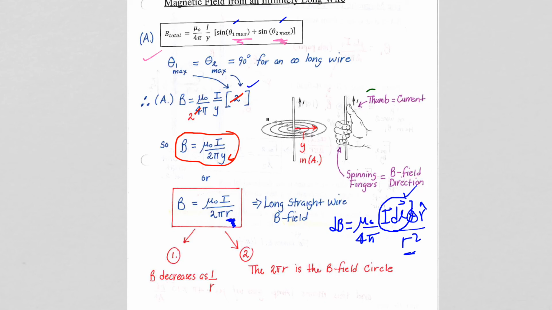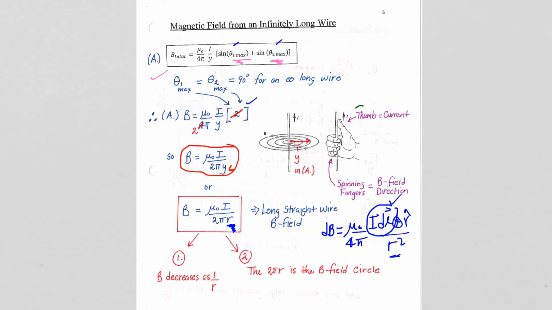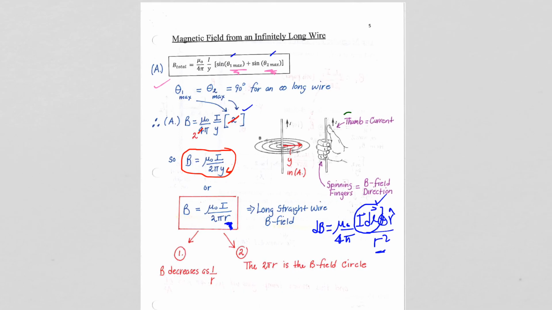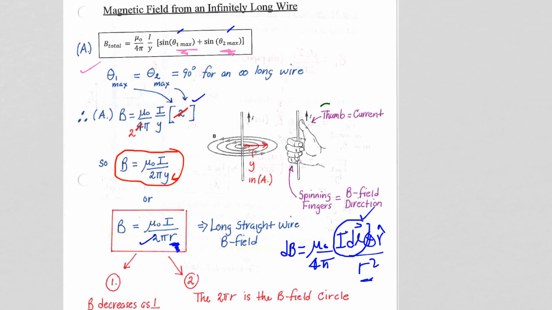And remember we said that B fields make circles around wires. So notice we have our 2 pi r circle in our answer. And as we were just saying, the B field decreases as 1 on r, not as 1 on r squared. So the other thing to notice here is you can use this curl rule to get the direction of the B field.